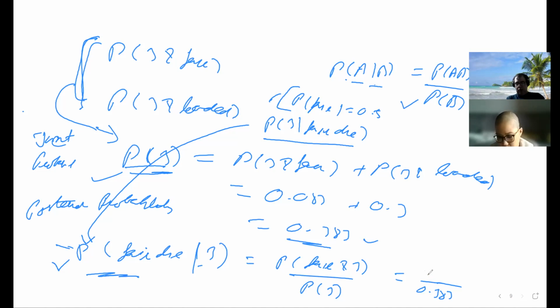What should be the numerator? The denominator is 0.383 because P(3) is 0.383. Can you tell me the numerator part? Okay, numerator is 0.5. No, it's 0.083, no? The 3 and fair. Okay, right? So you just need to calculate this thing and you will get the probability, that is 0.22.